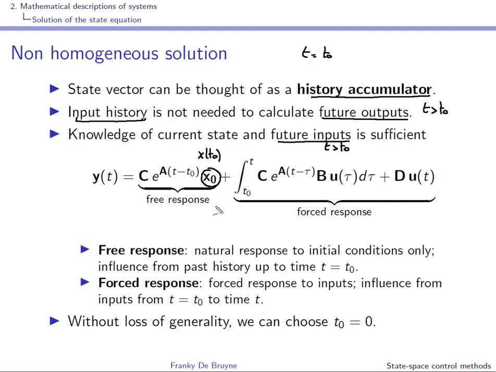As mentioned before, this first term here is the free response. I've often called it the zero input response, and this term here is the forced response or the zero state response. These two terms, free response and forced response, make the link with the terms, or how it is said in French, réponse libre et réponse forcée.